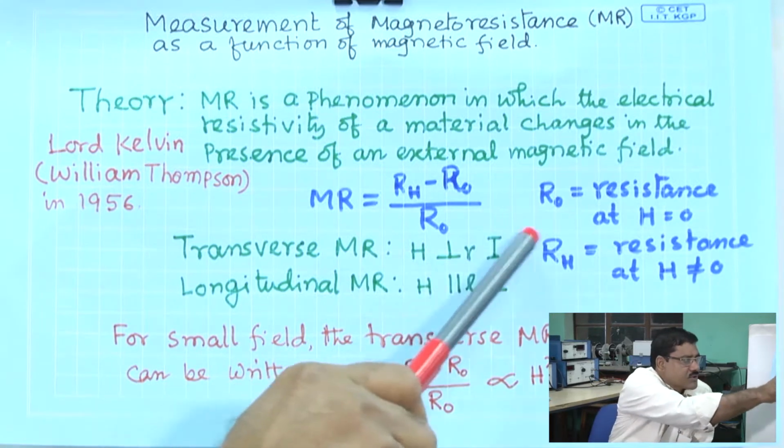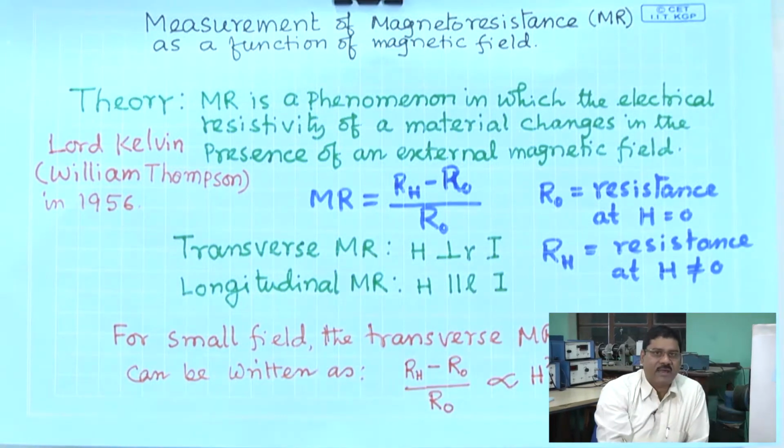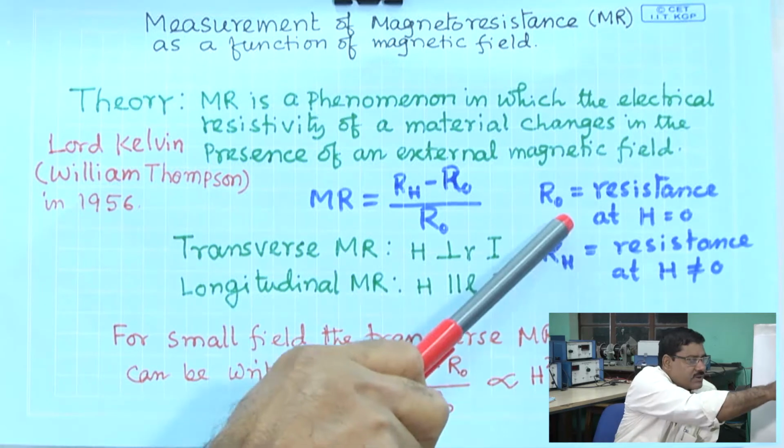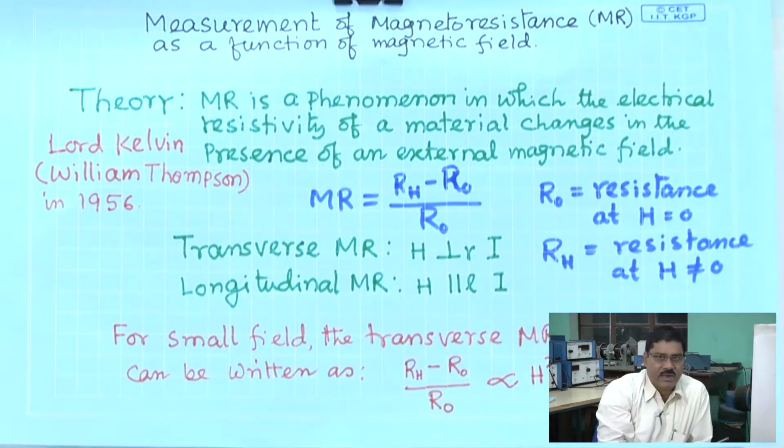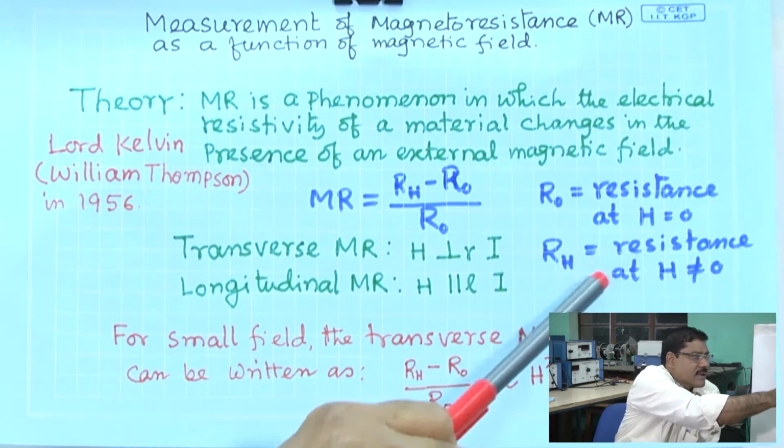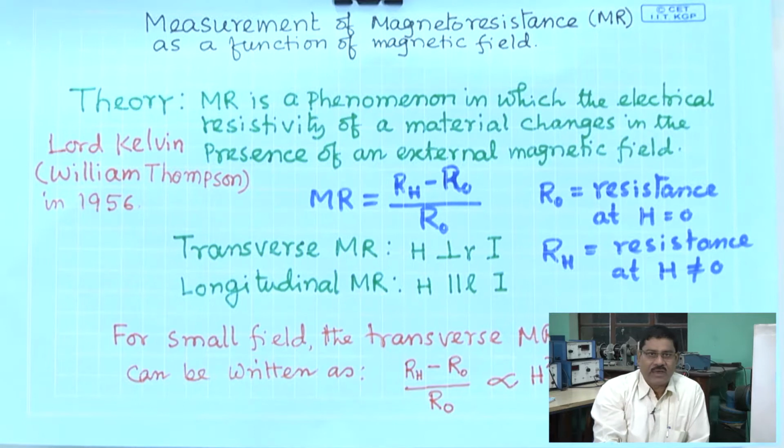R0 is the resistance at H equal to 0, when the magnetic field is 0, and RH is the resistance at H not equal to 0, meaning in the presence of a magnetic field.